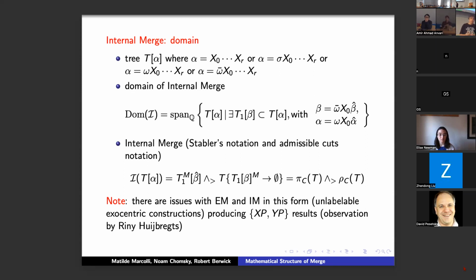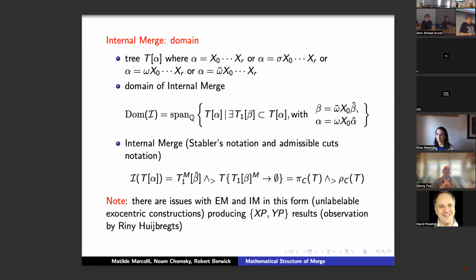Moreover, the fact that you have to do the feature checking while you do the merge means that all these merge operations are only partially defined. They're only defined when labels match. And so you end up with domains that check this label matching. I'm trying to use more or less the same notation as in Stabler's paper for all these matching conditions.